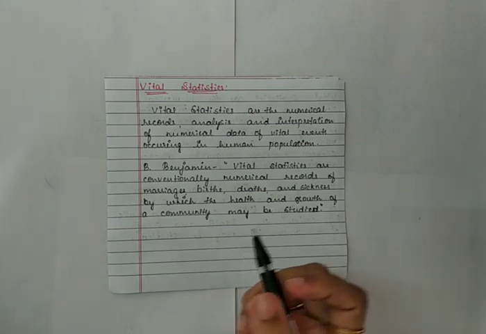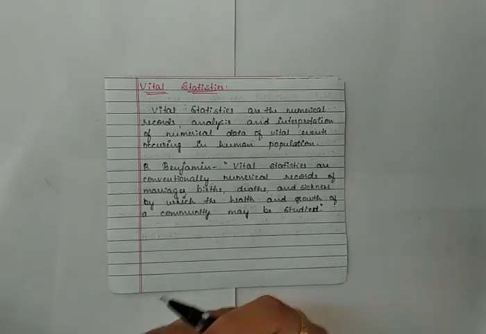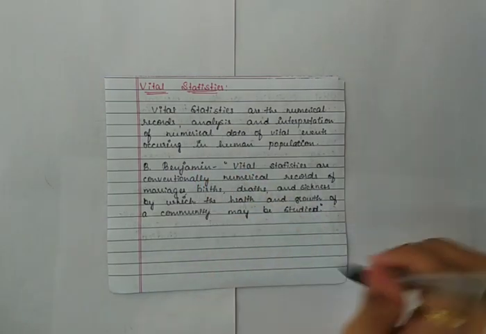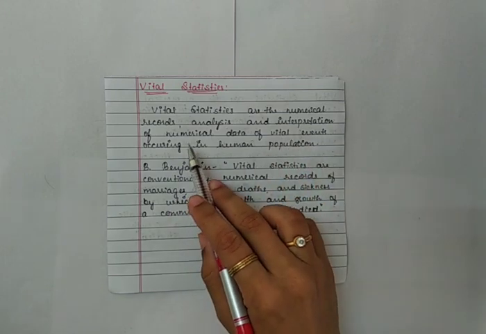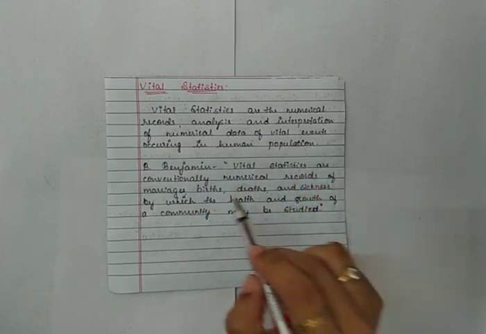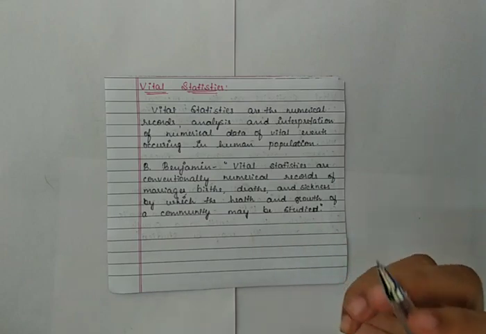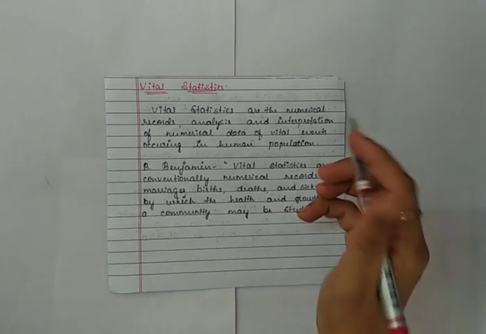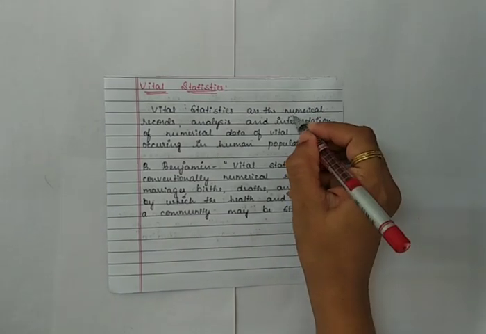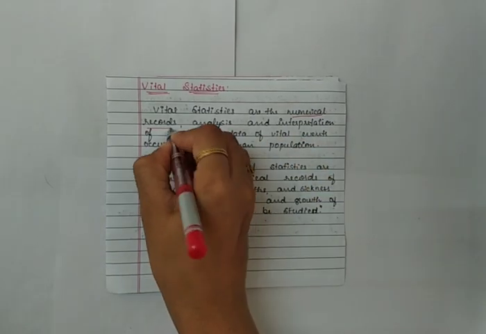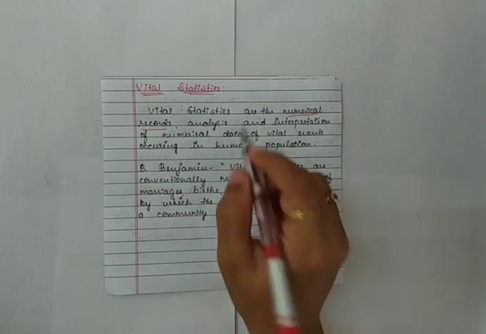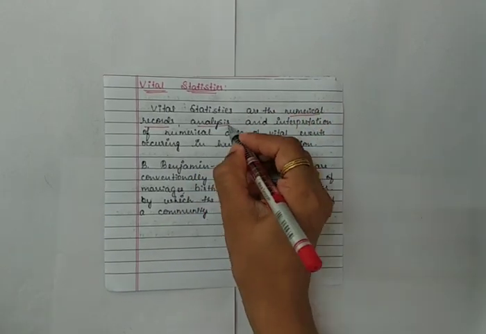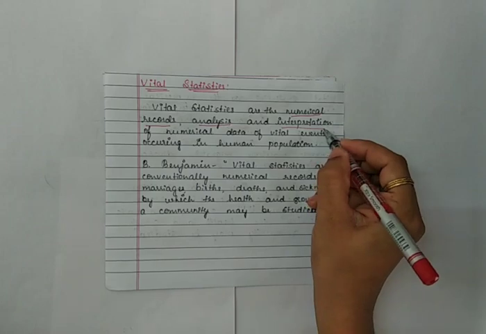Before starting with the practical, let us see the meaning of vital statistics. Vital statistics are the numerical records, analysis and interpretation of numerical data of vital events occurring in human population, isn't it? Using this numerical data, they analyze and interpret.